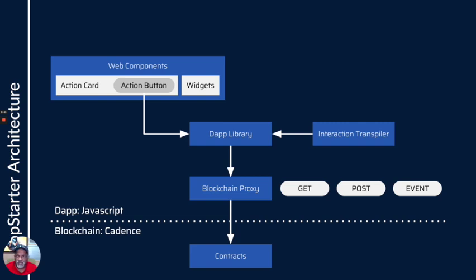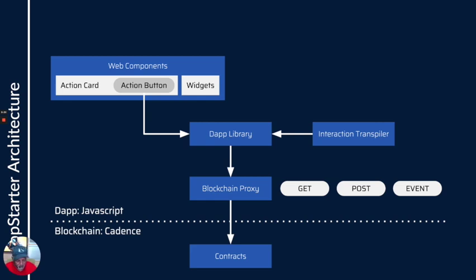So this makes it very easy for you to add functions to your smart contract, add a function in the Dap library to interact with it, and then essentially with very minimal coding, create an action card for it so you can immediately start interacting with it. The action card is actually the UI that houses things like fields, etc. But most of the intelligent interaction with the Dap library and also getting back the results happens via the action button.